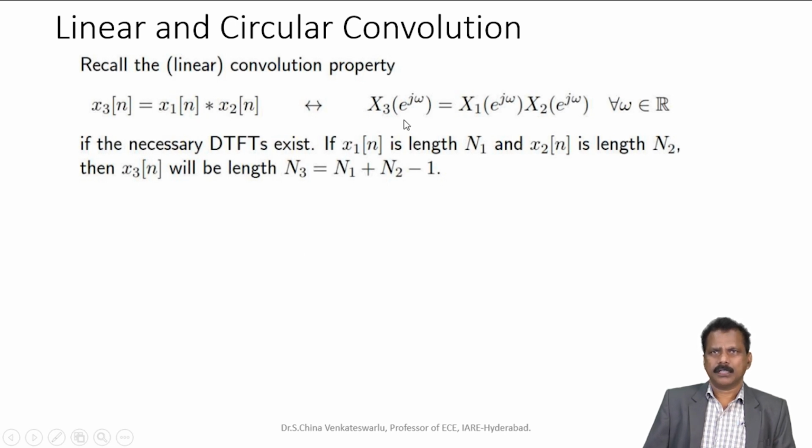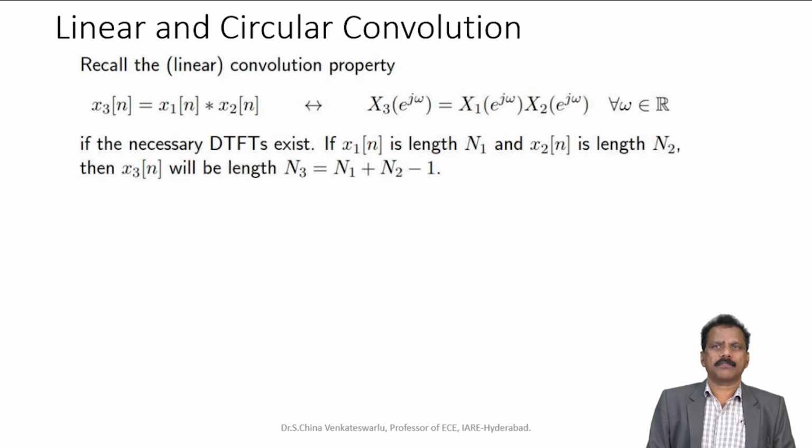Applying this, x3 of e power j omega is equal to x1 of e power j omega times x2 of e power j omega, if the necessary discrete time Fourier transform exists.